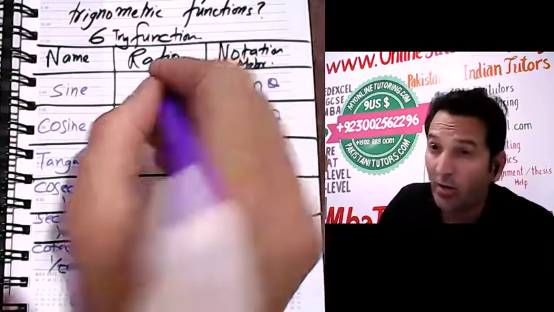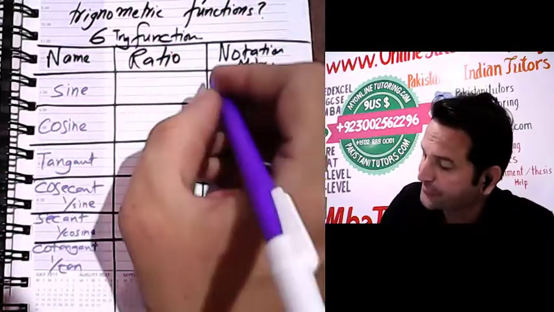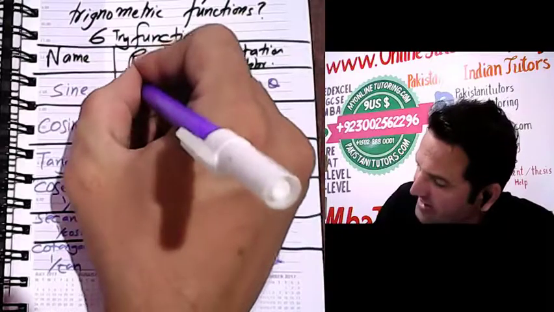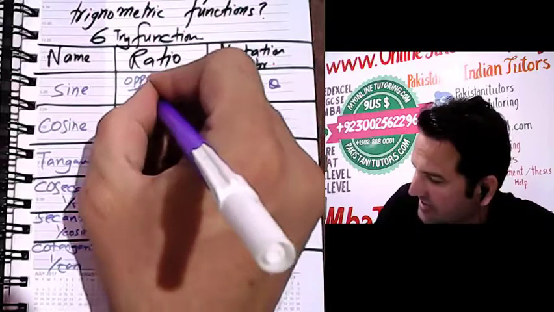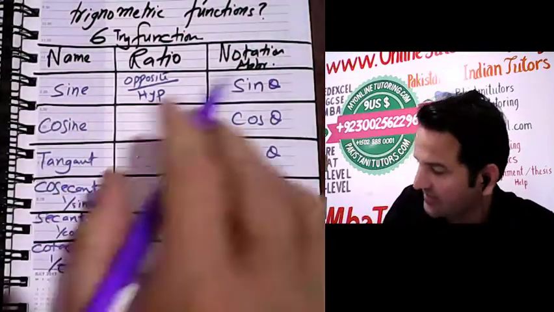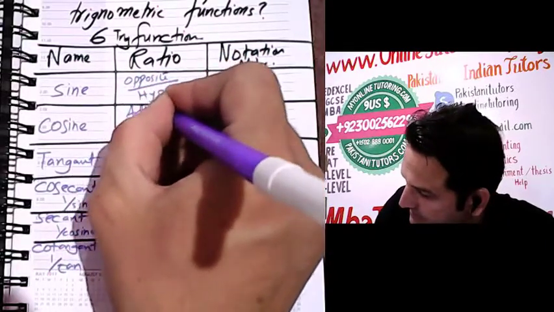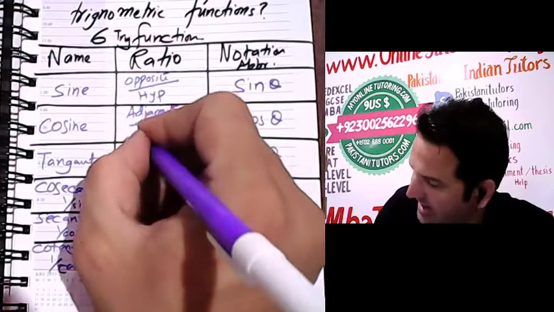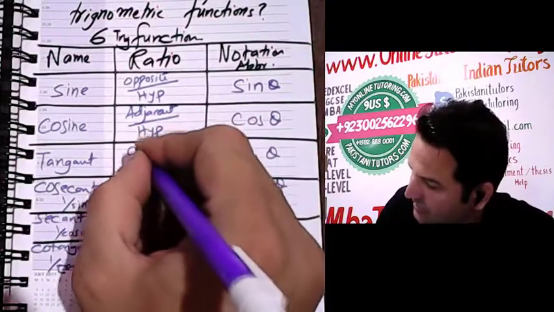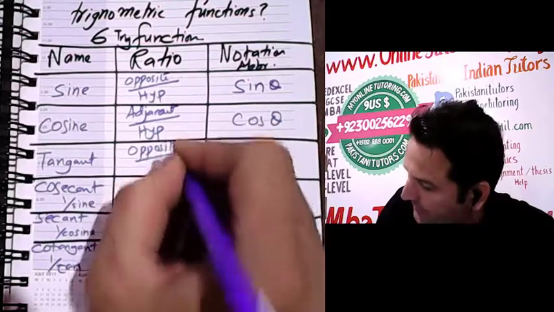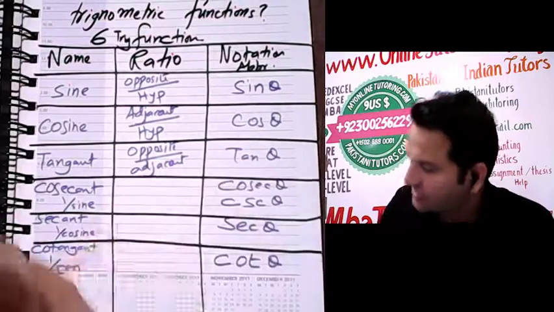For the ratio, how we find sine theta: if the opposite side and hypotenuse are given, then we can use sine theta. If the adjacent side and hypotenuse are given, then we can use cos theta. For tangent theta, if the opposite and the adjacent are given, we use tan theta.